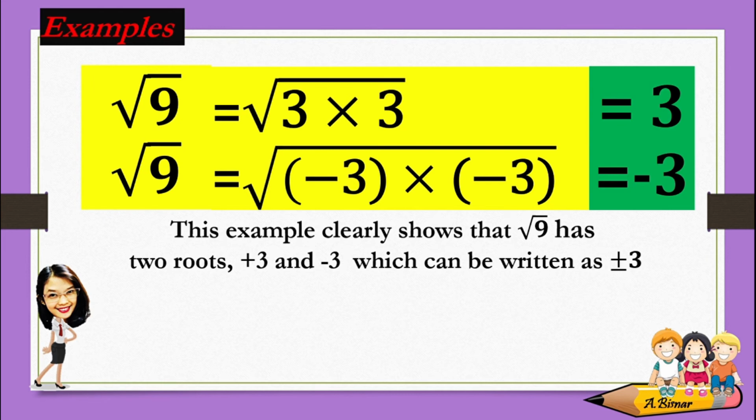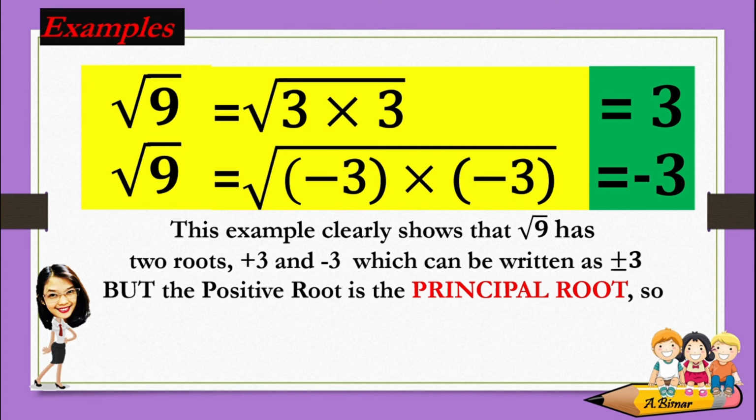This example clearly shows that the square root of 9 has two roots. And what are those roots? We have positive 3 and negative 3, which can be written as positive and negative 3. However, you must remember that the positive root is the principal root, and therefore the square root of 9 is equal to 3. Let us have other examples.